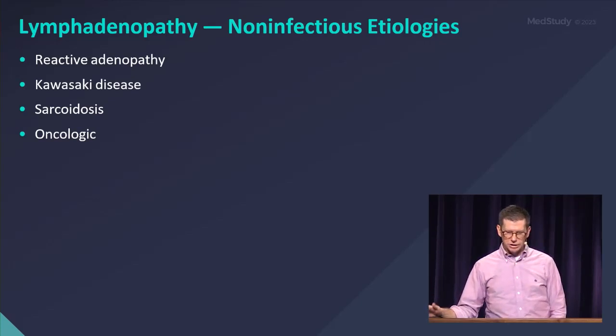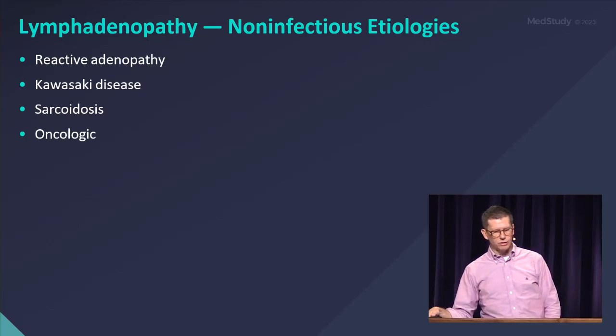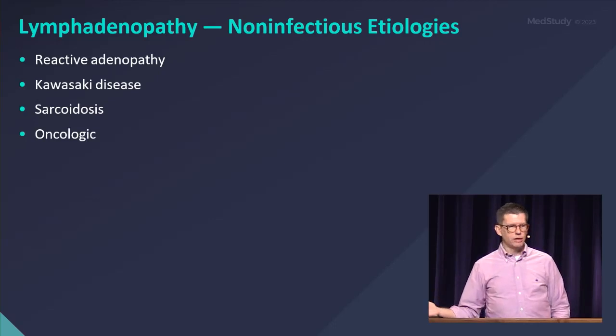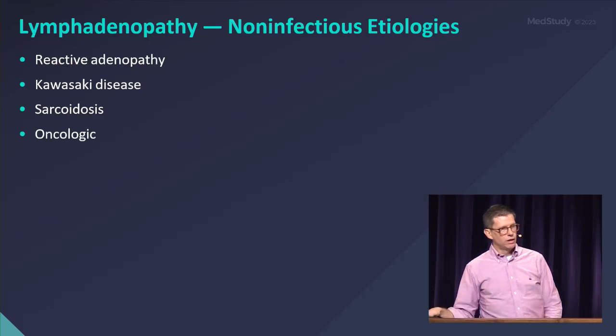So we often have conversations about whether it's infectious or non-infectious, oncologic or non-oncologic. Just remember there are non-infectious etiologies, so reactive adenopathy and Kawasaki disease, which we're not going to go into detail here. But remember Kawasaki disease: you have to have at least 5 days of fever, and then there are 5 major manifestations.